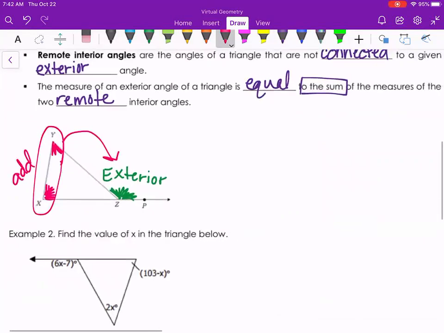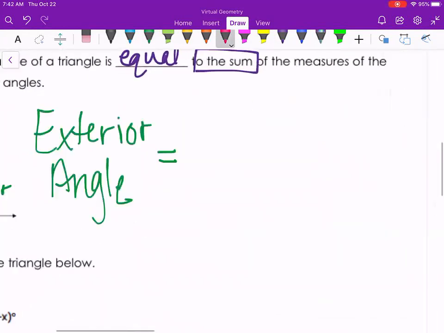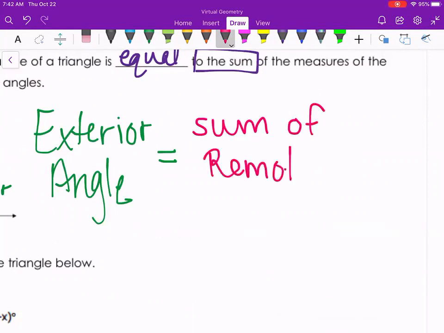So we can kind of use it again, the same kind of template, the setup that I gave you guys last time, that the exterior was equal to the sum of the remote interiors.